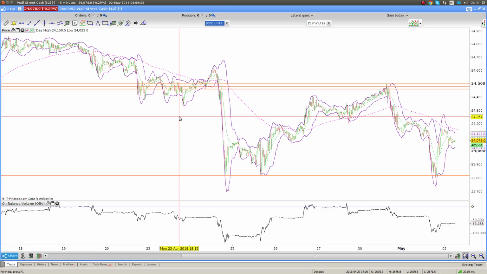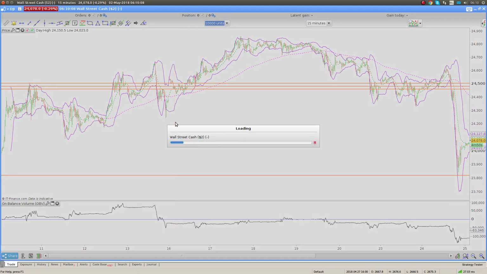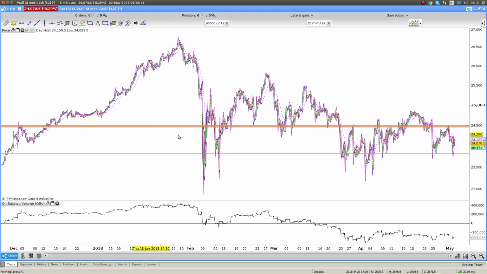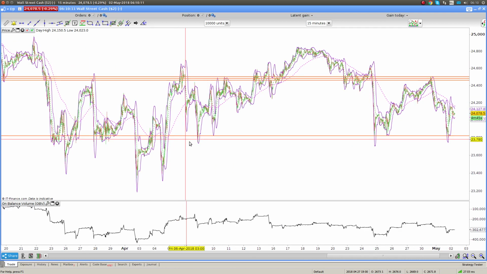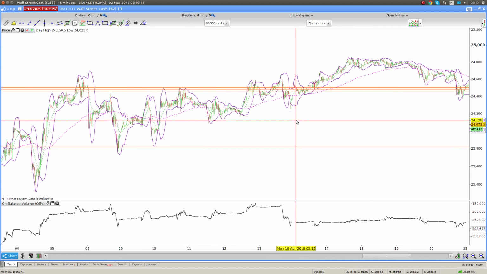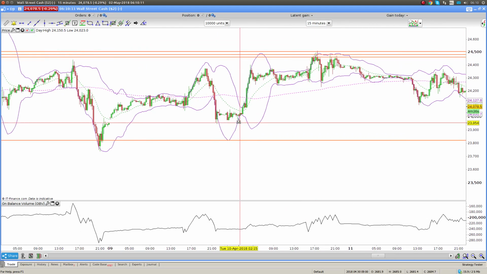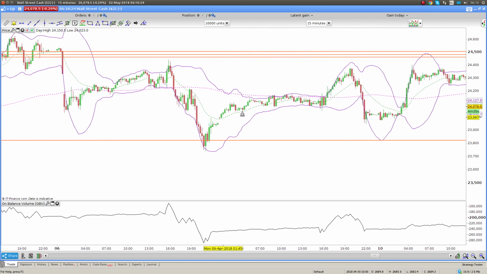Let's load some more data here. Okay, so our double bottom is here. We want to just drill across to this level here to see what is beyond there. Okay, and the only thing that you can see here is this here.